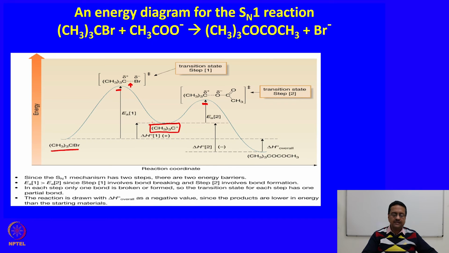Under certain circumstances, one can isolate this carbocation, and then this carbocation starts to form a new bond, and the product is formed when the new bond has formed. So, there are 2 different steps, 2 different transition states and 1 reaction intermediate.